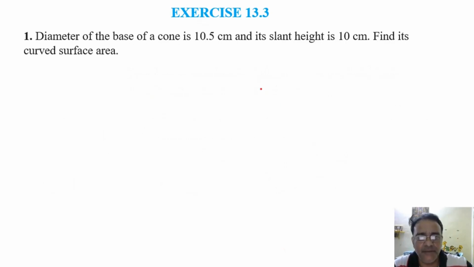The diameter of the base of the cone is given as 10.5 centimeter, and slant height is also given. We need to find the curved surface area, that is CSA. So the formula I told you just now. What is the formula of CSA? Pi r l. So we need to find r first because l is given as 10 centimeter.